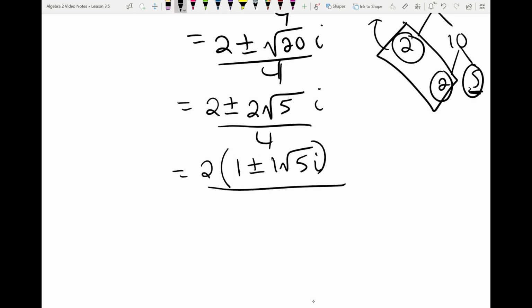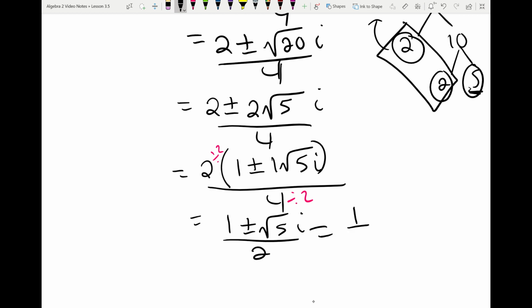There's an i here over 4. And then this is a fraction that I need to reduce. I need to reduce that by dividing by 2, top and bottom. And that will give me 1 plus or minus the square root of 5i over 2. Then I'm just going to split it into 1 over 2 and the square root of 5i over 2.